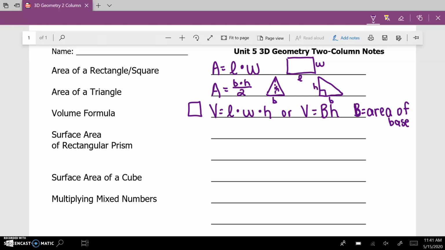Okay? Surface area of a rectangular prism. So that would mean something that looks like this.